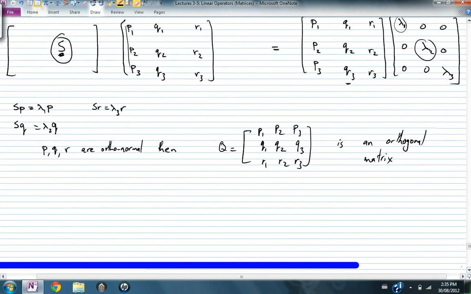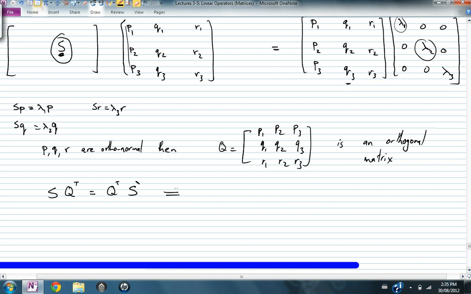Therefore, you see that the above matrix equation can be written like this: S Q transpose is equal to Q transpose multiplied by S prime.